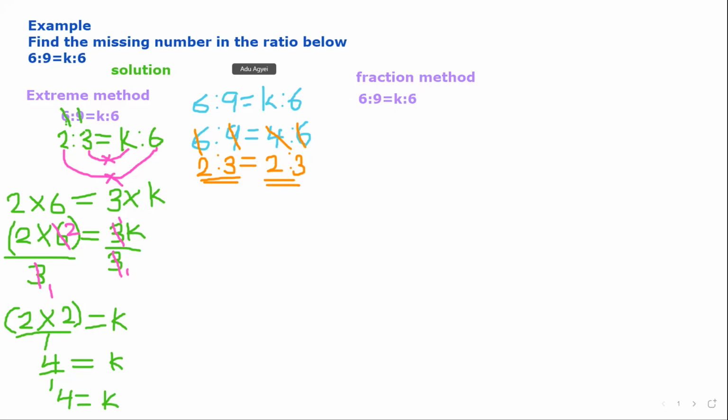Per our discussion, we said the fraction method, you must change the given ratios into a fraction.